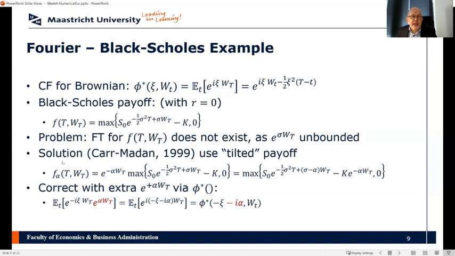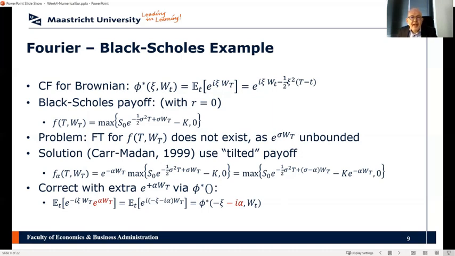So what is a clever trick? This is a paper by two authors, Peter Carr and Dilip Madan, which was published in 1999, and I've added this paper as extra reading material on Canvas. The trick is to tilt or twist the payoff by saying, I'm going to use the payoff function, and I pre-multiply this with an extra factor e to the power -alpha Wt.